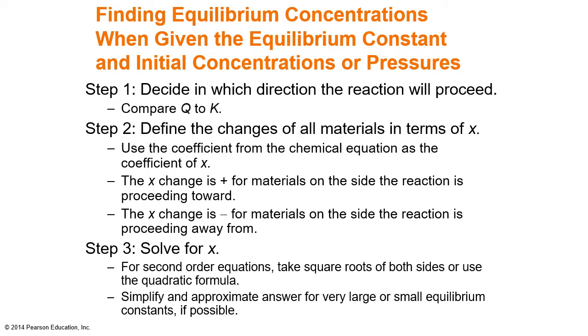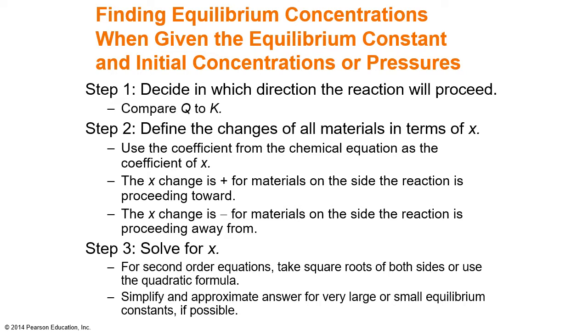And the X change is positive for the products. If we're proceeding in the forward direction, we're going to be making products. If they're reactants, then X is going to be negative because we're going to be decreasing the amounts. So if they're reactants, we're going to have a negative X value.